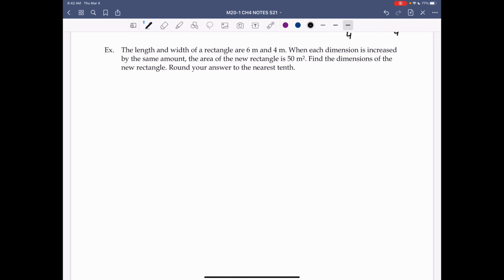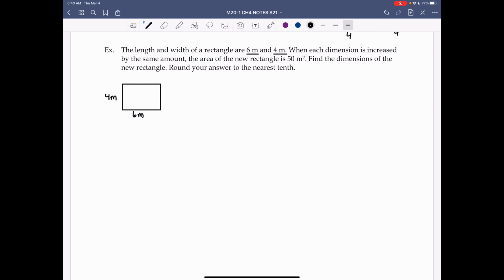So start by drawing a rectangle. The dimensions of this rectangle are 6 meters and 4 meters. Then it says when each dimension is increased by the same amount, so we're adding to the length and width of the rectangle.